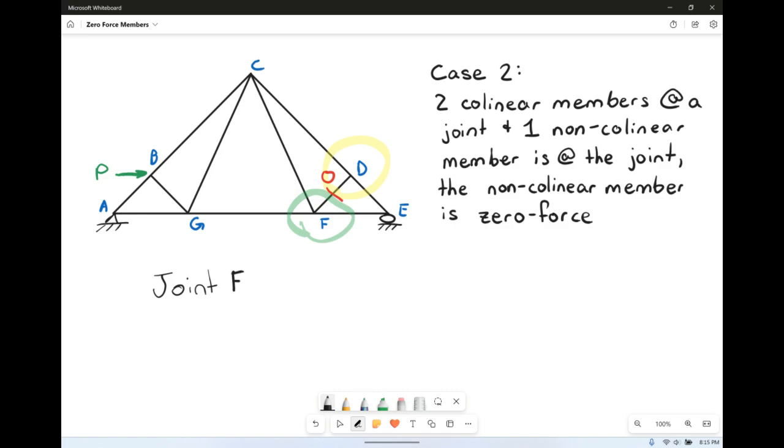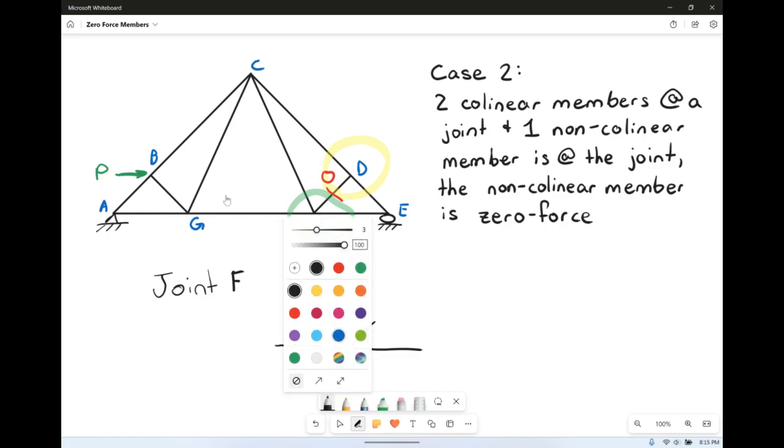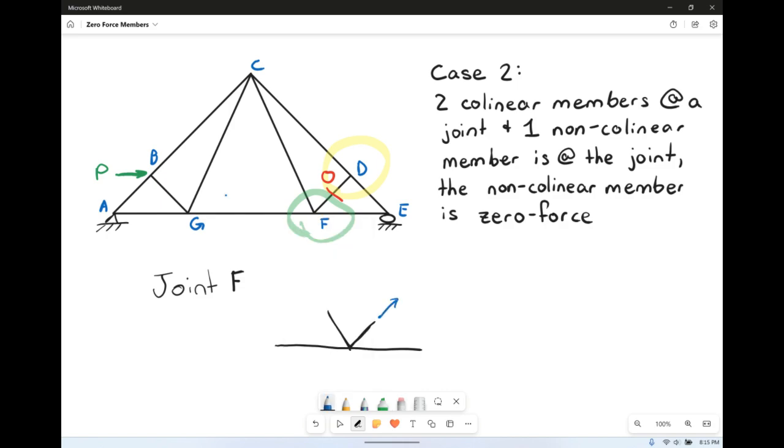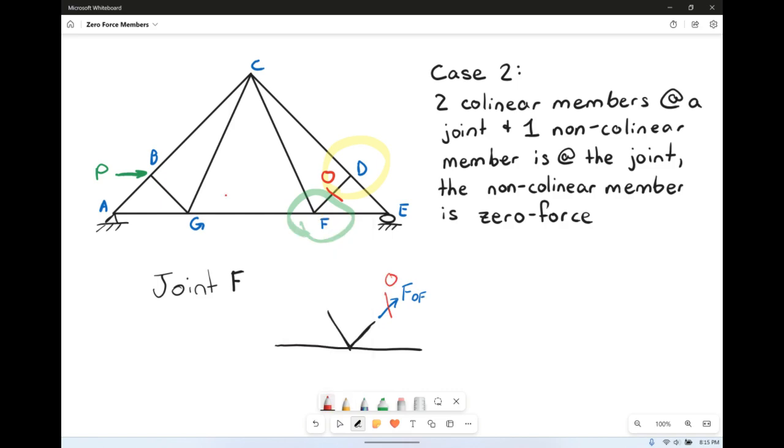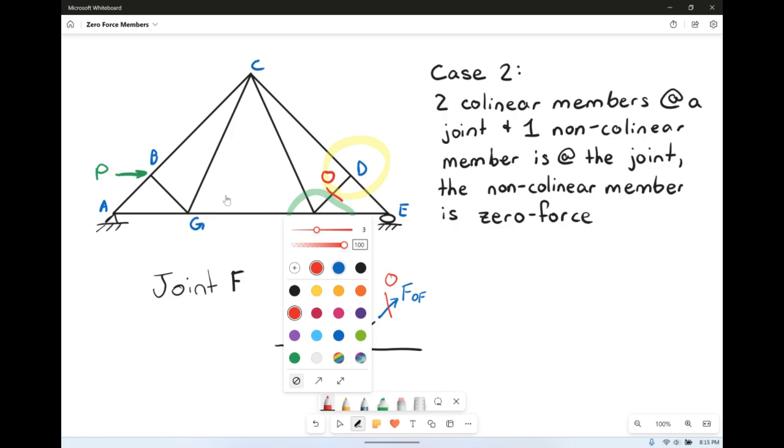So if we go looking at joint F now, we have two members, because technically this force DF is a 0 force member, so he really doesn't count.